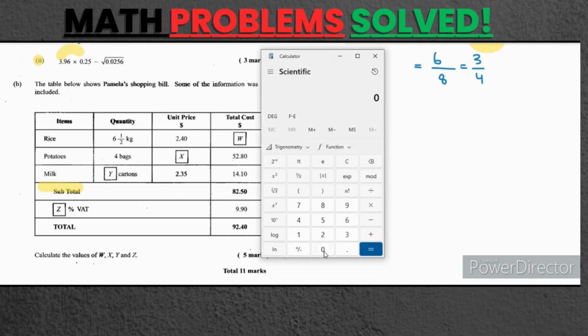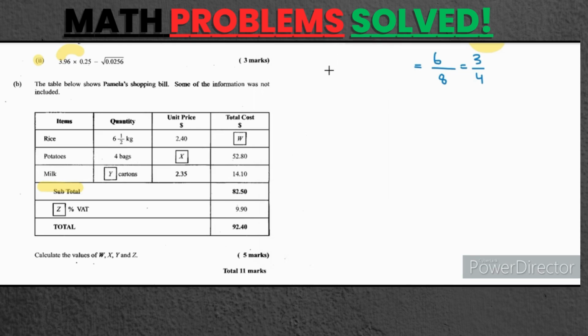So take the calculator and write 3.96 times 0.25. So you got 0.99, right? So I will write 0.99 here, and then there is the subtraction sign.